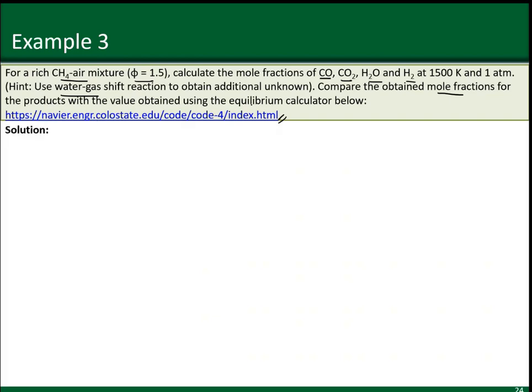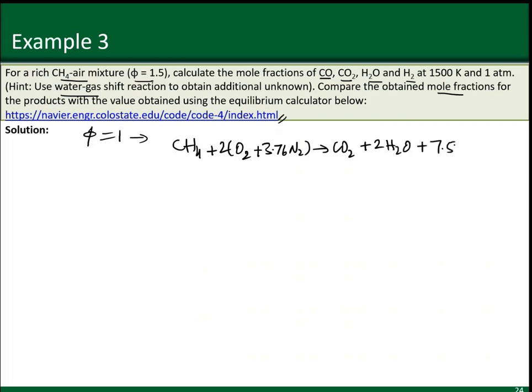So for now, let's write down the chemical reaction equation for a stoichiometric methane air mixture, right? If you're dealing with phi of 1, then the methane air mixture would look something like this: CH4 plus 2 times (O2 plus 3.76 N2) gives you CO2 plus 2H2O plus 7.52 nitrogen.